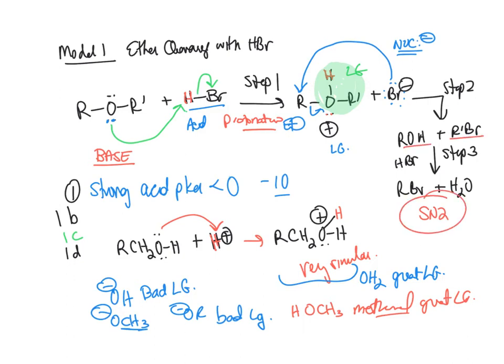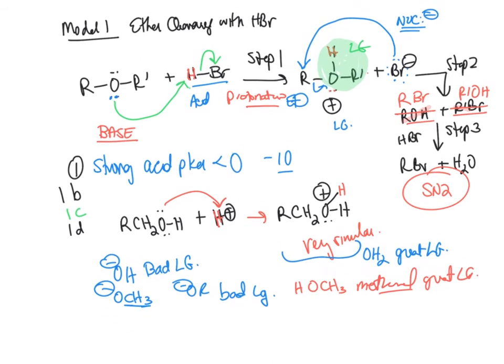In fact, this one's showing differently. This one's showing what I drew. So if you want to correct this, it would be R, Br, and then R prime OH. But you can just go after the other carbon because it's kind of generic. Okay, so SN2: primary halides undergo SN2 the fastest.